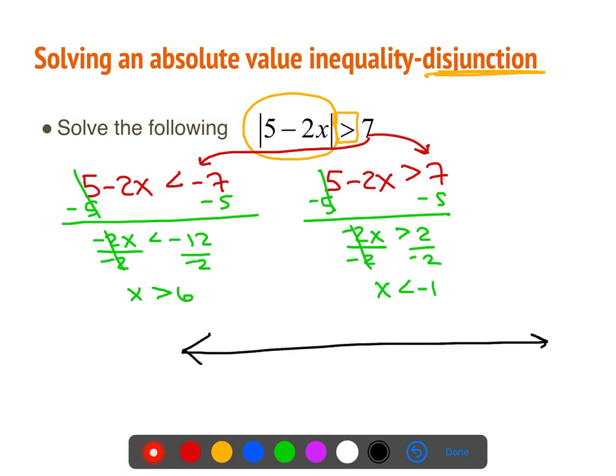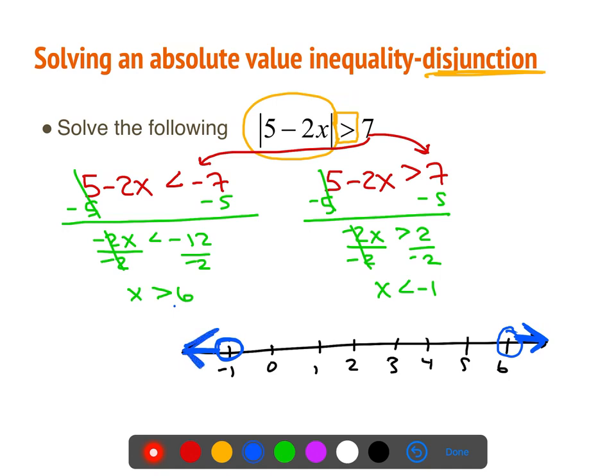Now, if I go to my number line, if I look at him, it says that it's all the x's bigger than 6. So open circle and bigger than 6. And all the x's less than negative 1.